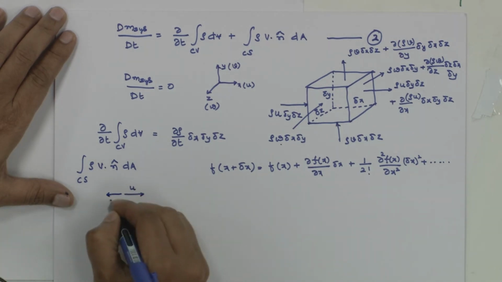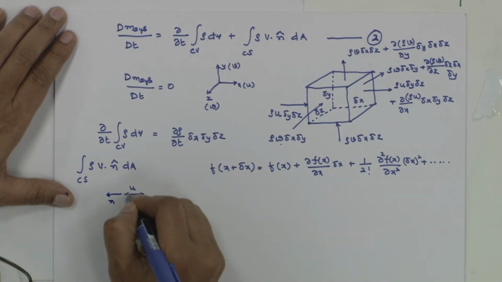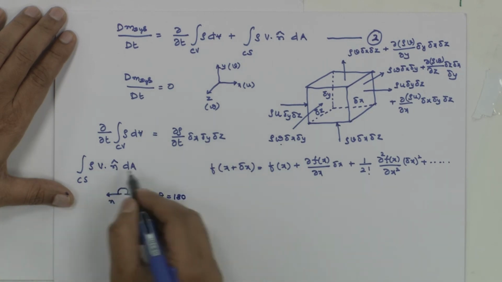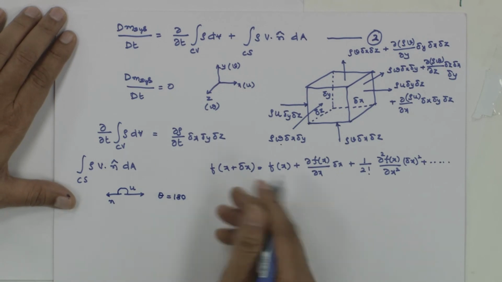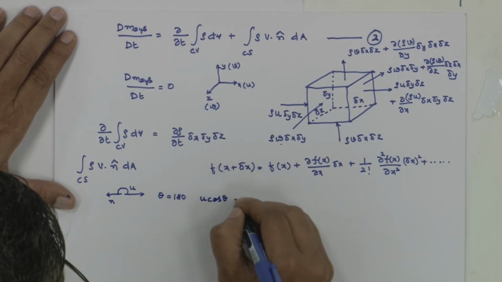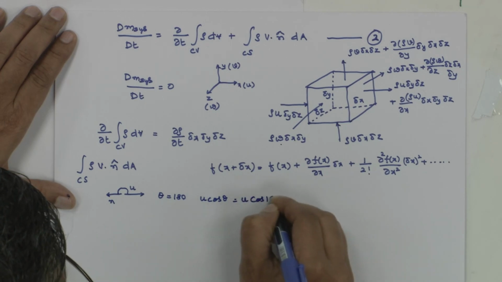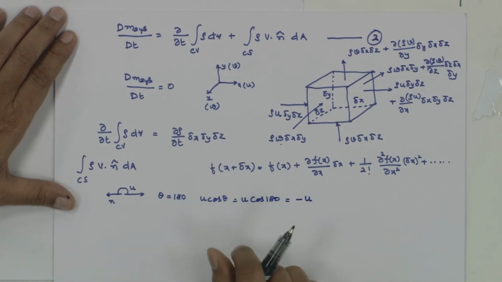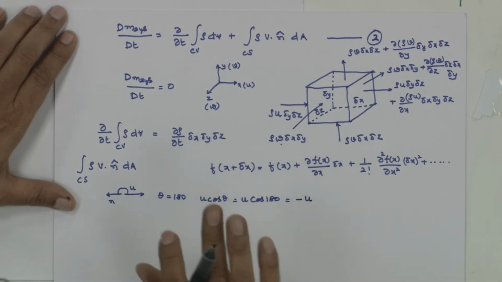So this is the normal vector. What is the angle between u and n now? Theta is 180. We know v dot n is u n cos theta, unit vector. So it is u cos theta, so that is u cos 180. Cos 180 is minus 1. So you get minus. So that's why mass flow inlet is always negative.